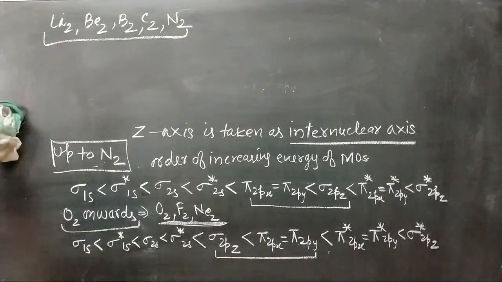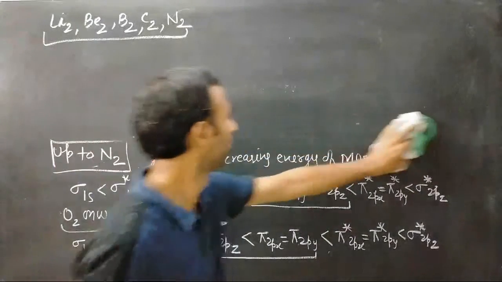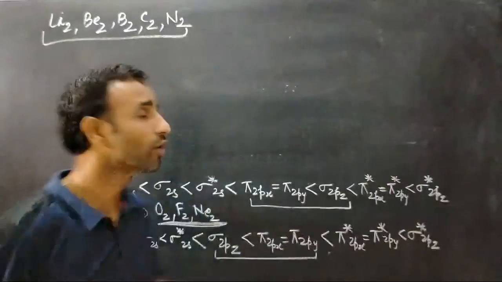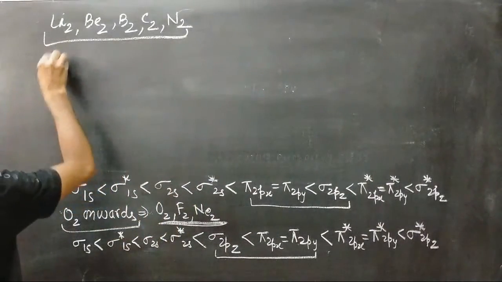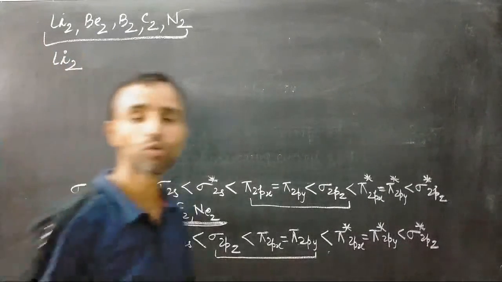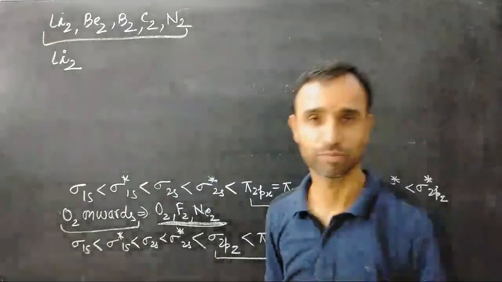Now, from this order, just write down the electronic configuration of lithium 2. In lithium 2, how many electrons are there? Tell me.